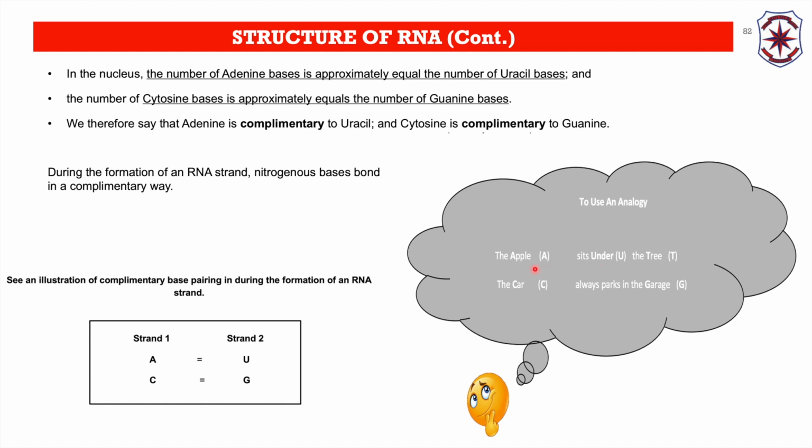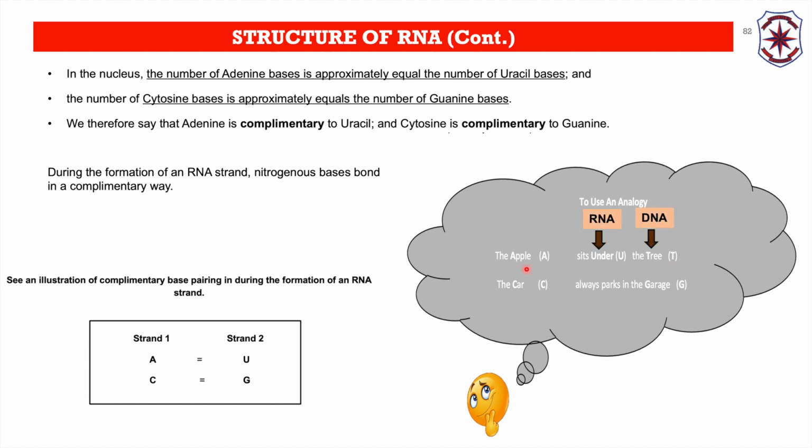So let's use this analogy rather. The apple sits under the tree. Therefore, in RNA rather, we use U. The apple sits under, this is in RNA, and then in DNA, we use T, the tree.